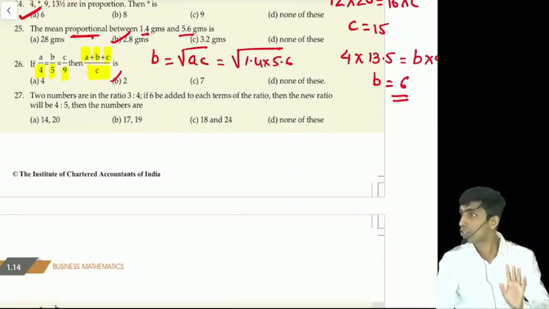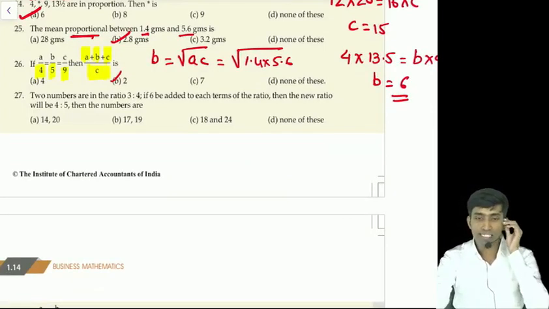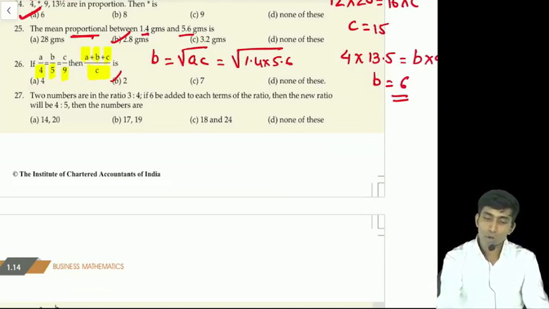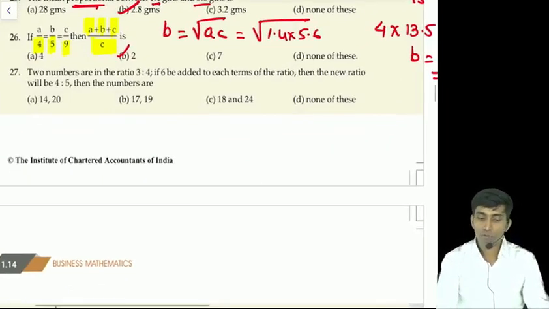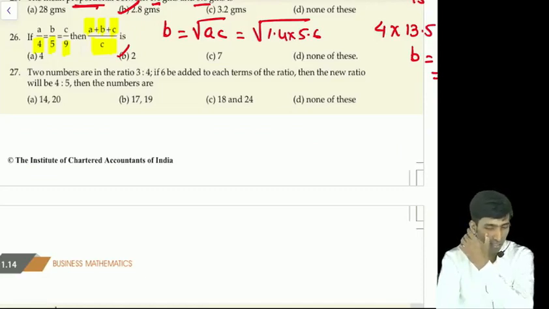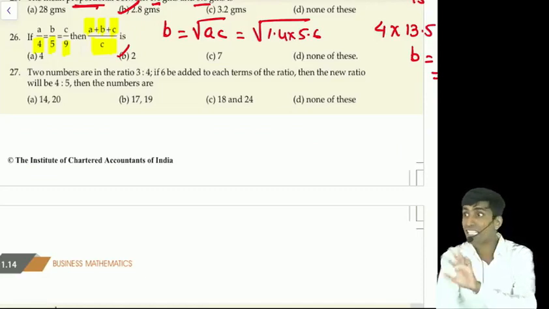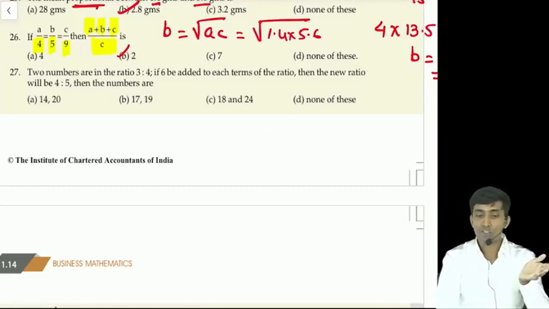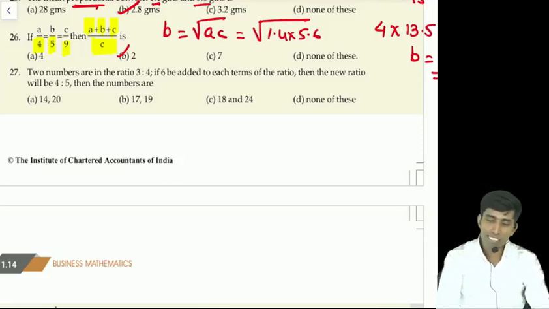Understood? This chapter. Two numbers are in the ratio 3:4. If 6 is added to each number, what will the numbers be? If two numbers are in the ratio 3:4, that means the numbers are 3K and 4K.